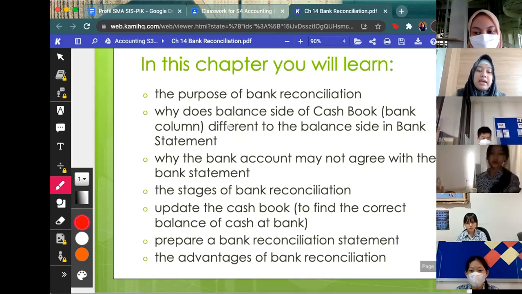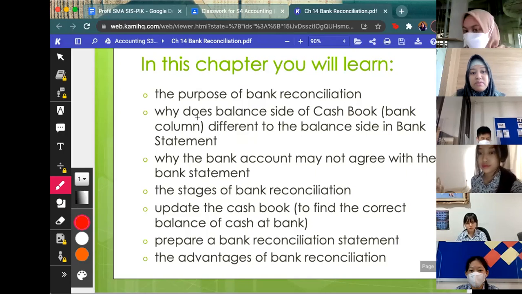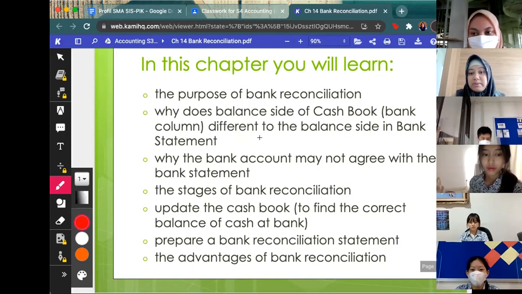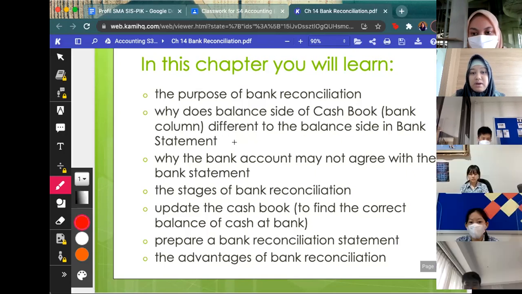You also will learn why the balance in the cash book bank column will be different from the balance on the bank statement. I will explain to you about the bank statement in a while. Number 3, why the bank account may not agree with the bank statement.